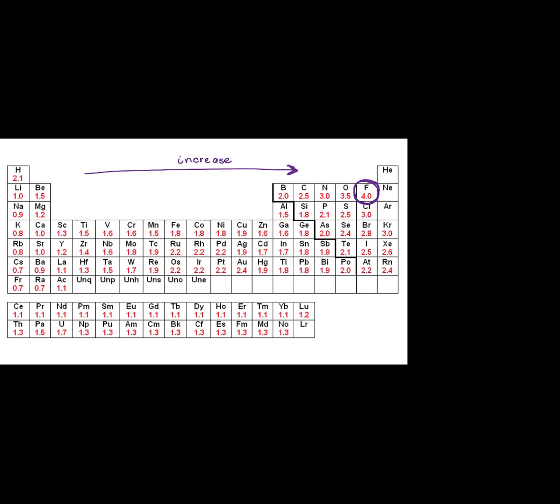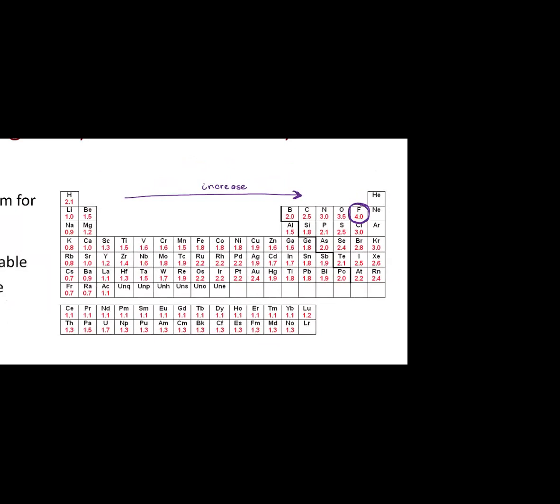Now, if we look at atoms in groups, if we are moving up in the periodic table, we can see that there is also an increase in the values for electronegativity. So understand that those are the two trends. Electronegativity increases as we move from left to right in a period, or in a group, from the bottom part to the top part.